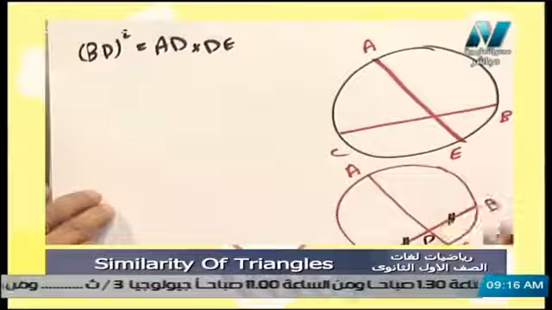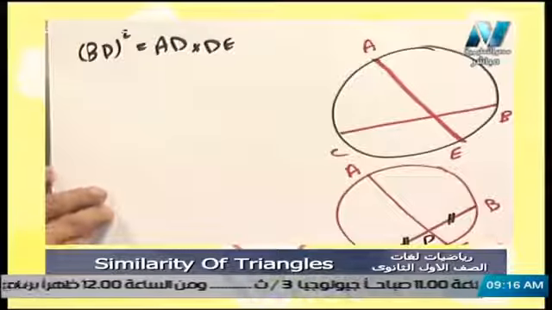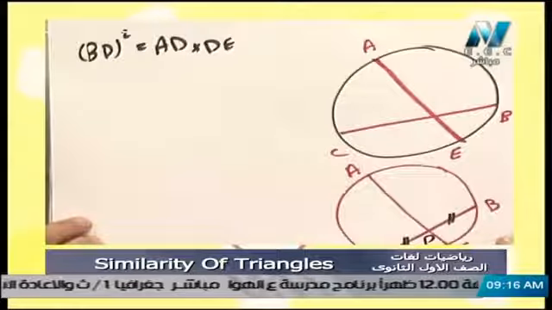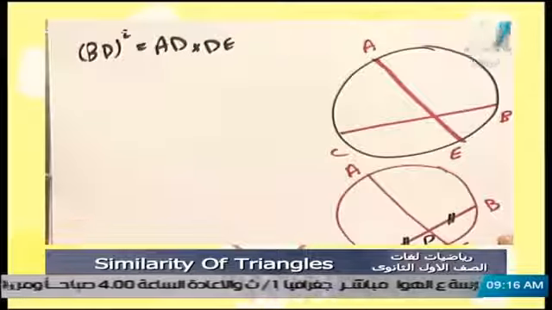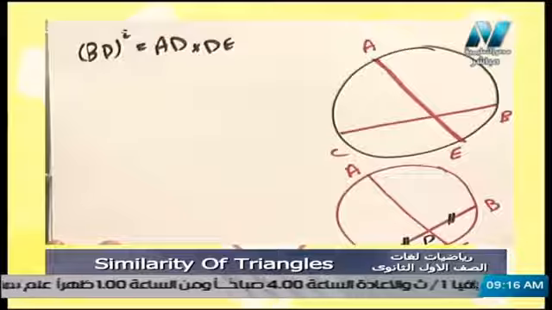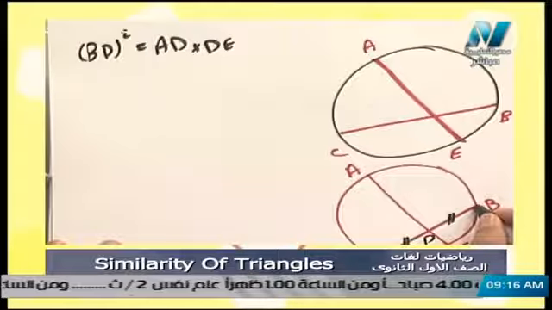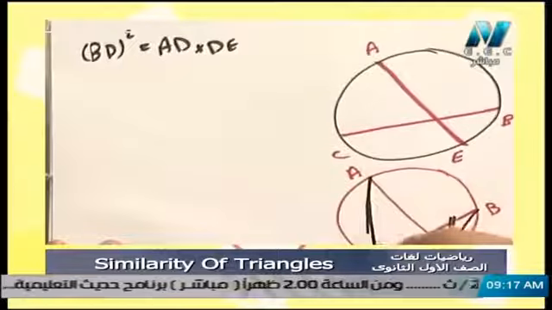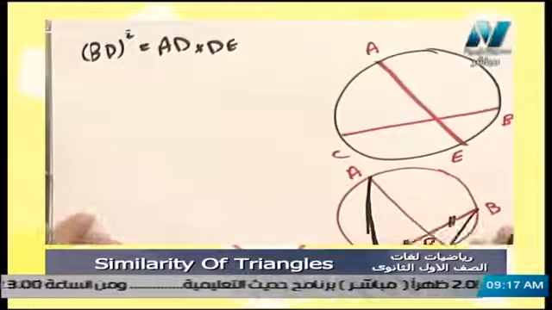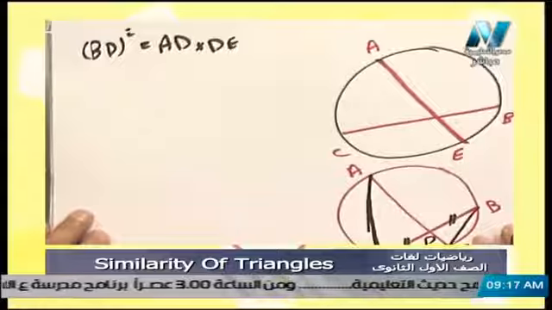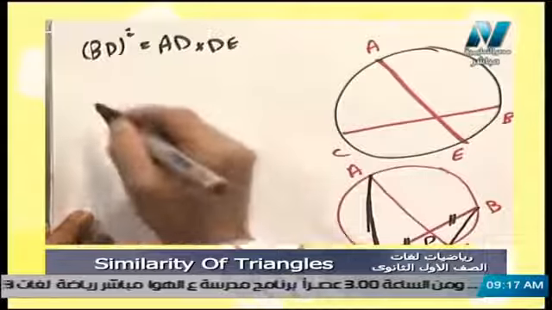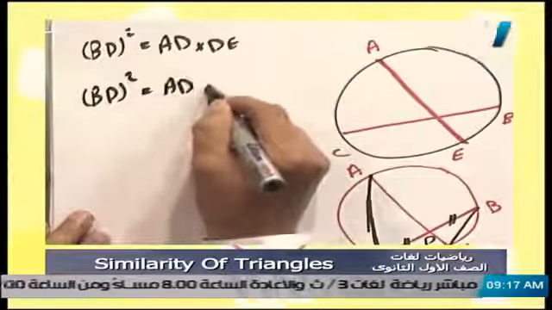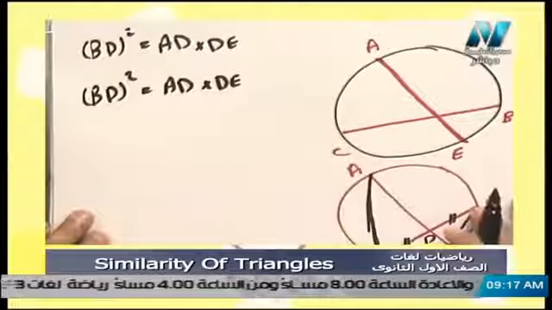Let's move about BC and EA. There must be two triangles to prove that the two triangles will be similar here. Okay, we have to prove that BD power 2 equals AD times DE here.